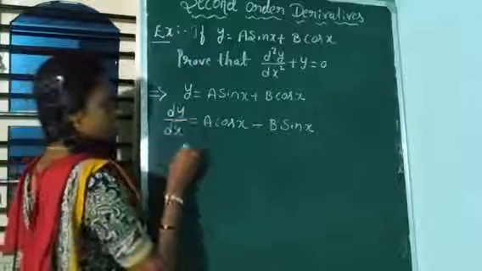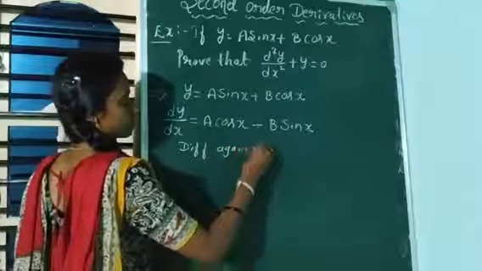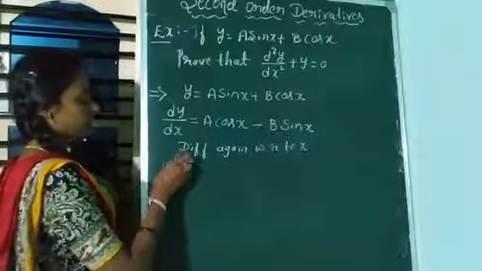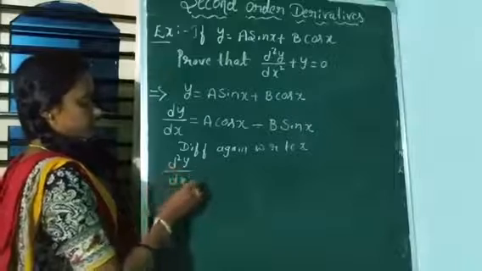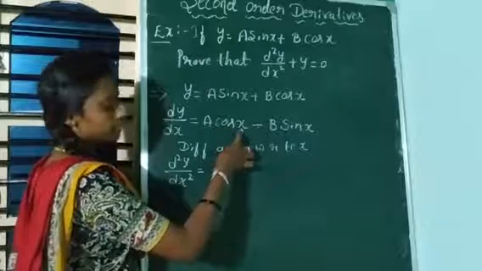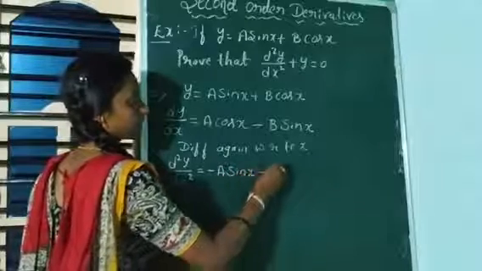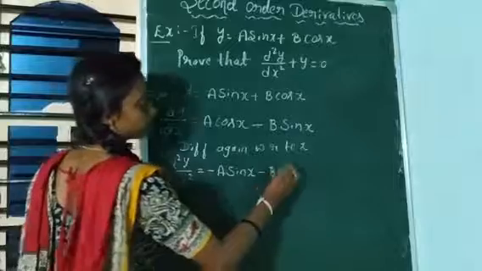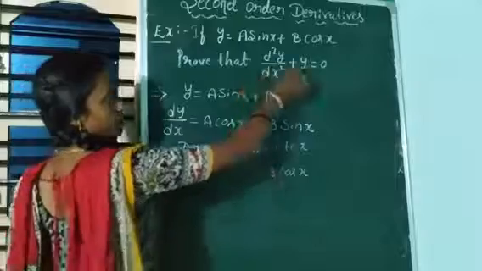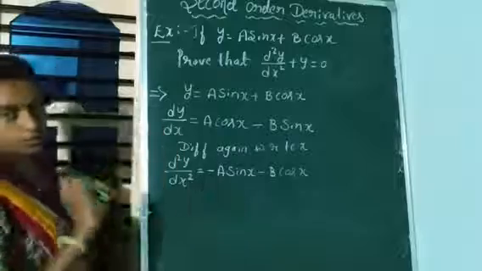Again I differentiate this with respect to x. d square y by dx square is equal to the derivative of cos x, which is minus sin x, so I'll write it directly: minus a sin x, minus b times the derivative of sin x, which is cos x. We need to prove d square y by dx square plus y is equal to 0. Just consider only the LHS, and we need to prove that it is equal to 0, which is the RHS.